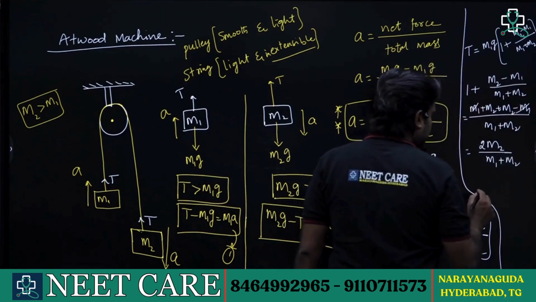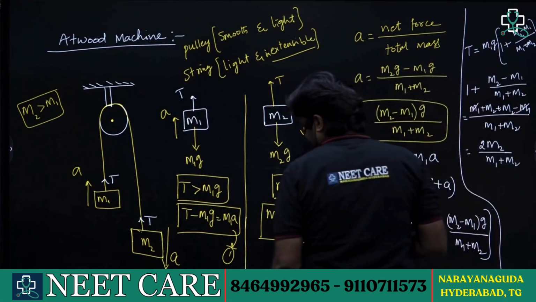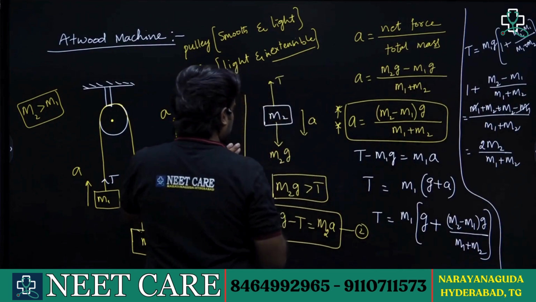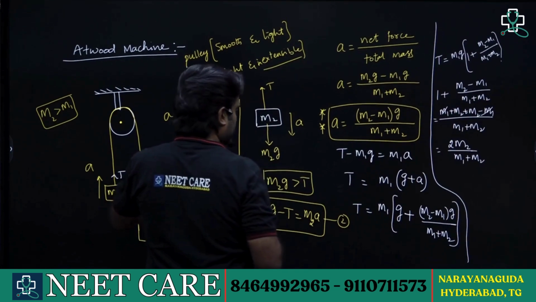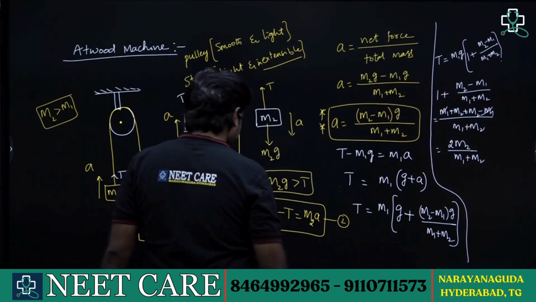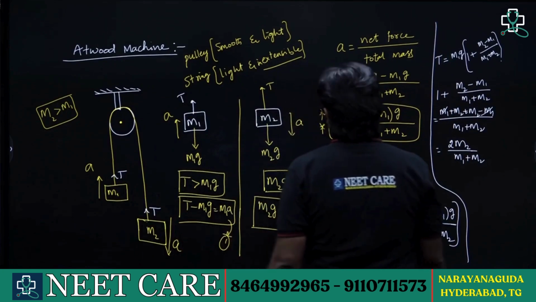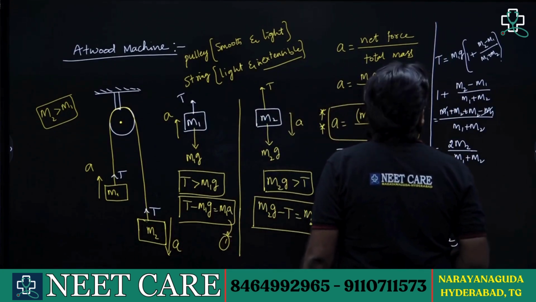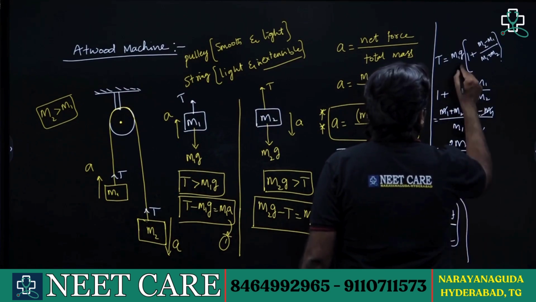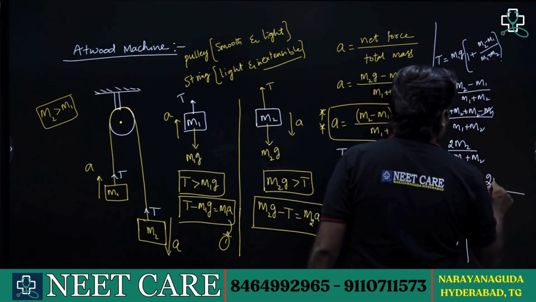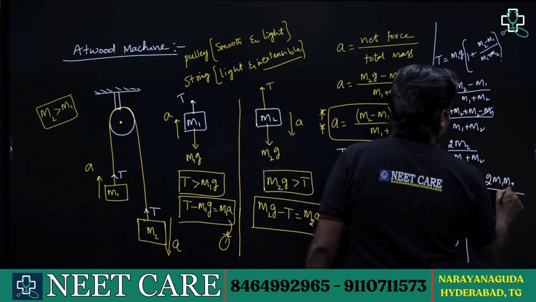So finally tension is equal to M1G into this one, so you will be getting 2M1M2G by M1 plus M2.